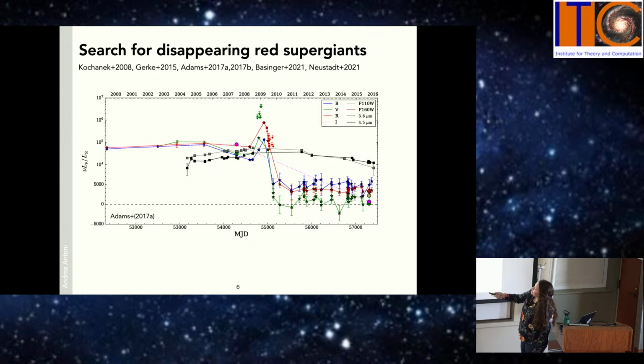This is just the luminosity as a function of time. Prior to this brightening that happens in 2008, the star is just marching along at its normal red supergiant luminosity. It undergoes this large brightening in the optical before dimming by more than 2 magnitudes in the optical below the pre-event luminosity of the star.